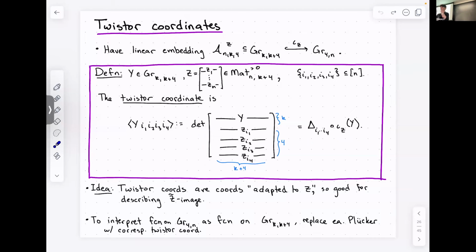The way I'm going to interpret a function on Gr(4,n) as a function on Gr(k,k+4) is I'm just going to replace each Plücker coordinate for Gr(4,n) with a twistor coordinate. That's all I'm going to do. So I'm going to keep saying cluster variable on Gr(4,n), and I'm going to keep applying them to Gr(k,k+4) by doing this transformation without comment. Any questions?